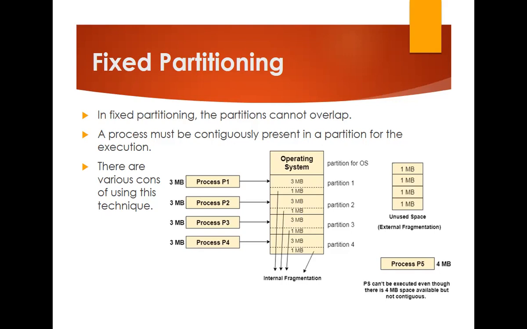Okay, let me continue, and after that you will understand better. I mean, you can change the partition sizes. The operating system can decide, but when it is changed once, it should be used for all kinds of processes, the same partition. This is not so practical, that's why.